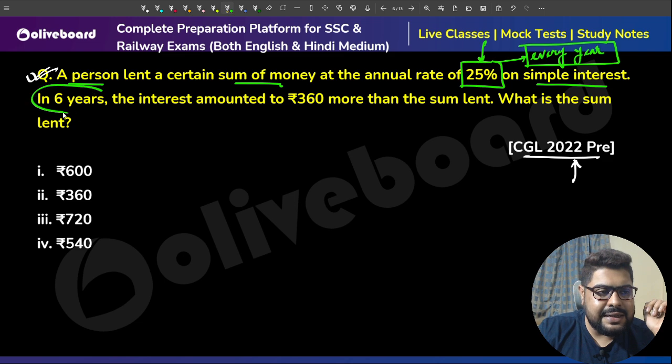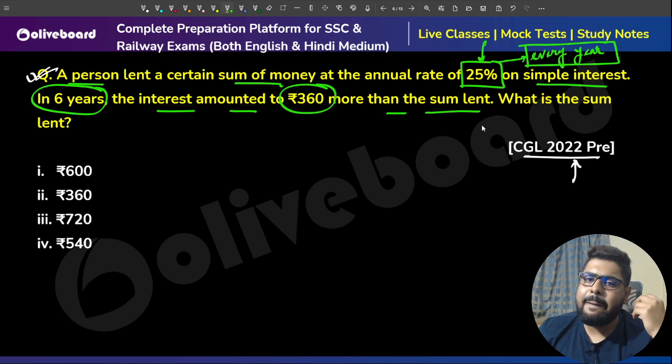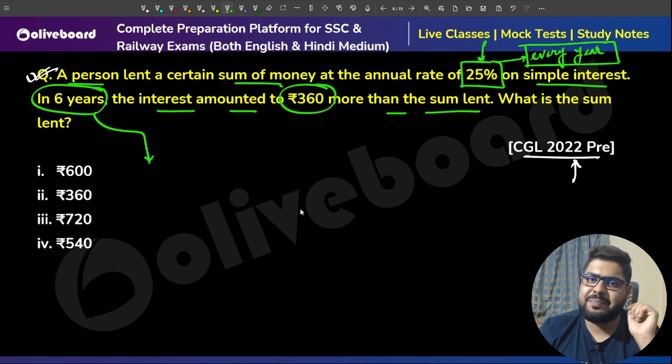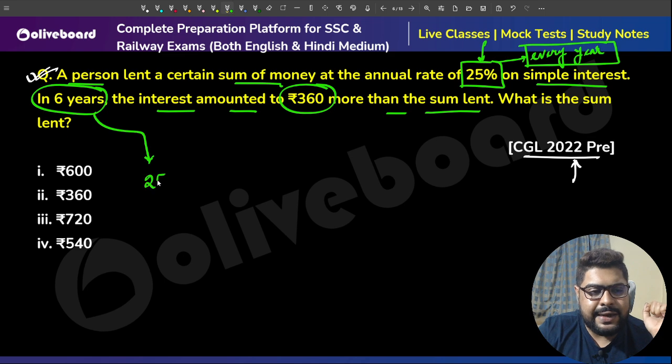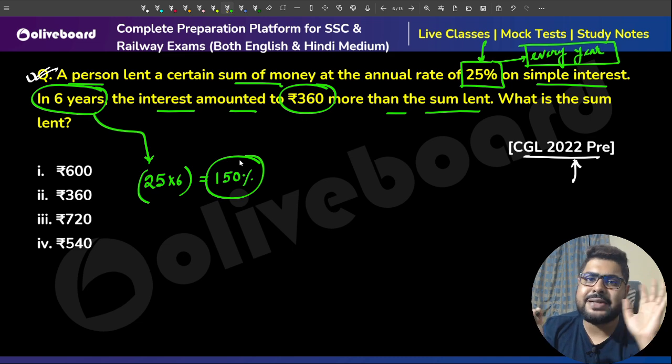So in 6 years, the interest amounted to 360 rupees more than the sum lent. Very simple. First tell me, in 6 years, how much interest will I get? 25% every year, so in 6 years you will get 25 times 6, that is 150%. You see, we are doing all our calculations in terms of percentage.